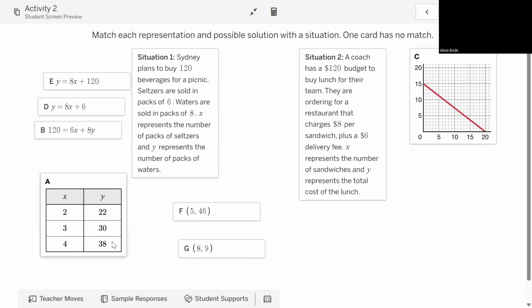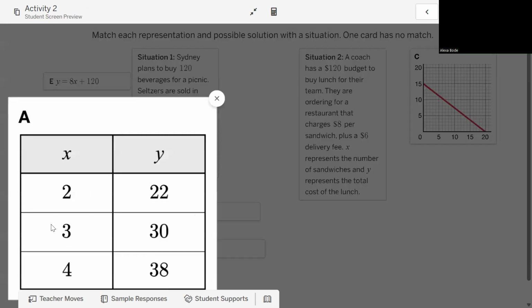If I had 30 packs of water, let's look at this second row here. 3 packs of seltzers, 30 packs of water. There are 8 waters per pack. So 30 packs of water times 8 waters per pack, that's 240 waters. That is already over the amount that she has available.